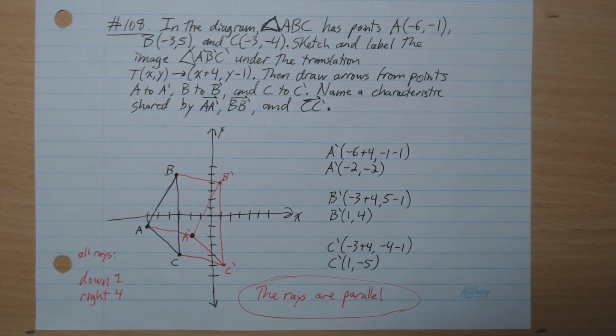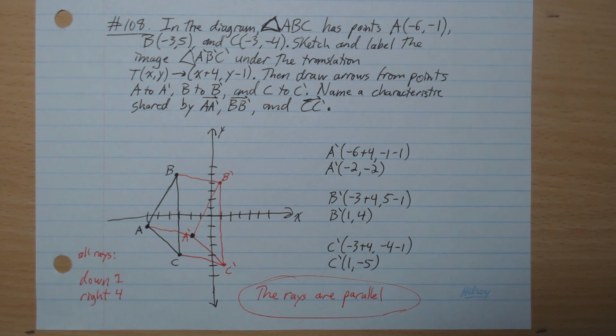In the diagram, triangle ABC has points A, B, and C. Sketch and label the image triangle A prime, B prime, C prime under the translation T of x, y, sending it to x plus 4 and y minus 1. Then draw arrows from points A to A prime, B to B prime, C to C prime. And also name a characteristic shared by A prime, B prime, and C prime.